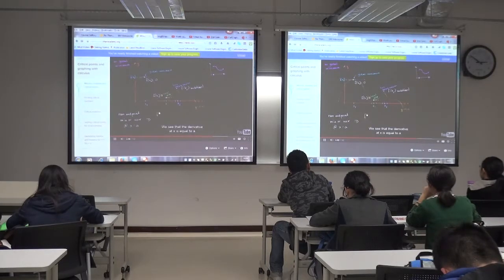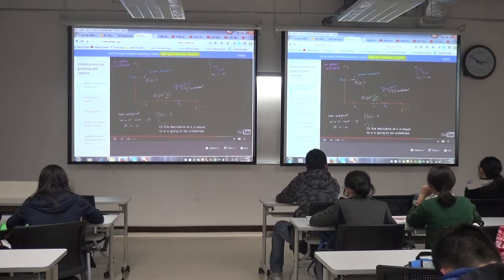We see that the derivative at x is equal to a is going to be equal to 0, or the derivative at x is equal to a is going to be undefined. And we see that in each of these cases. Derivative is 0, derivative is 0, derivative is undefined.